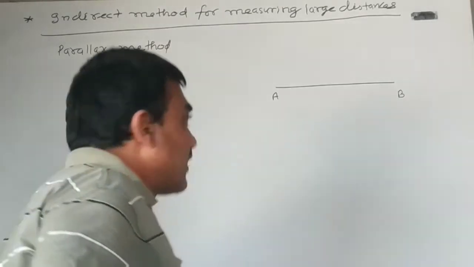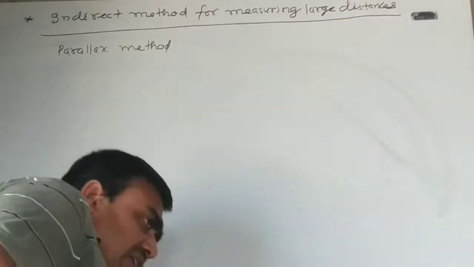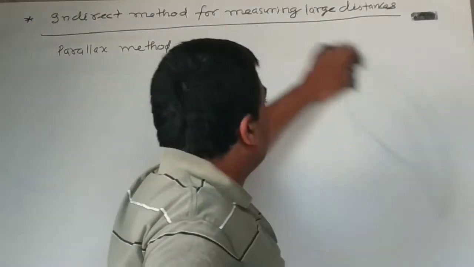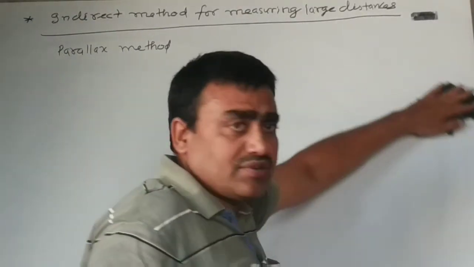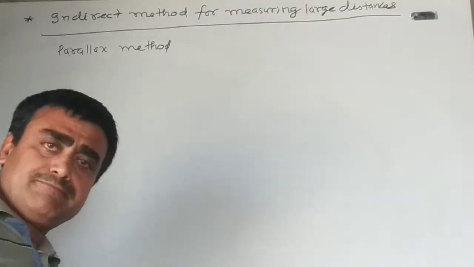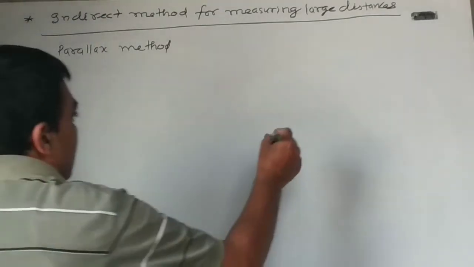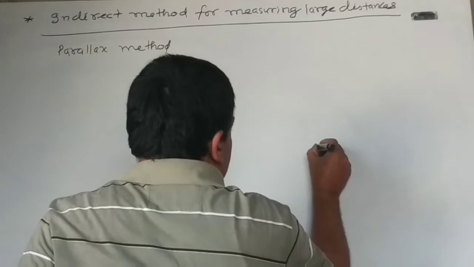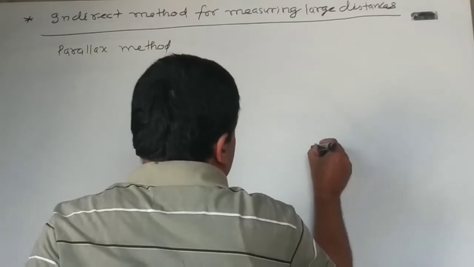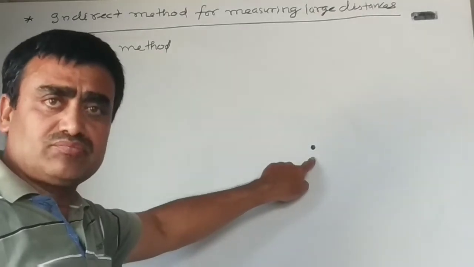Here, what is parallax? Parallax is the apparent shift sidewise of the eye. For example, this is a point on the blackboard.